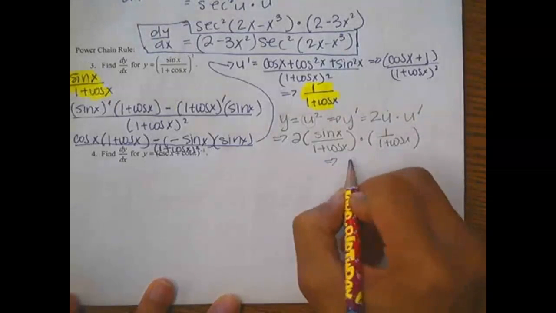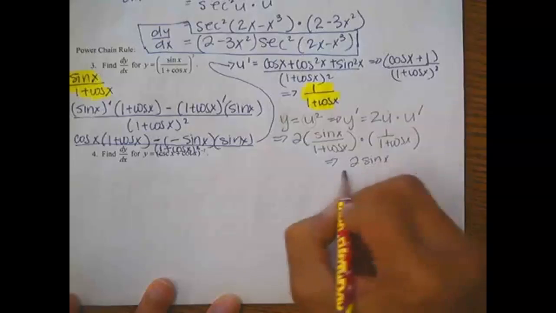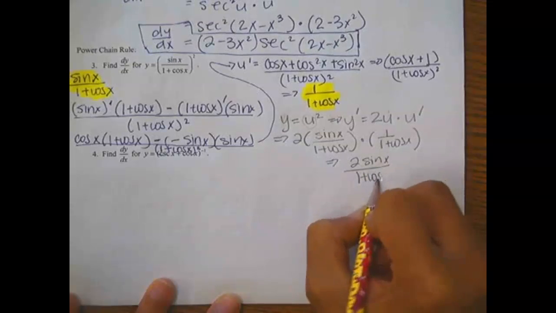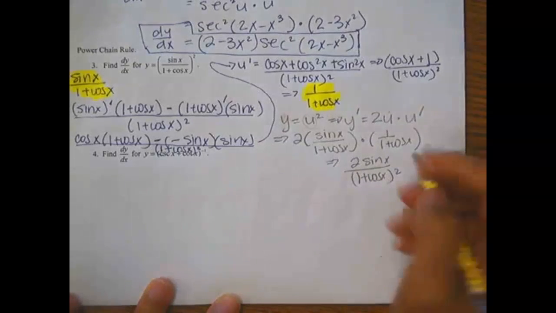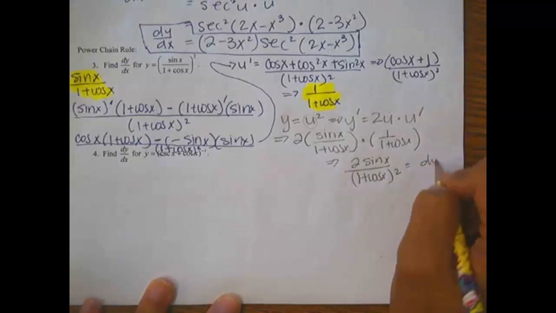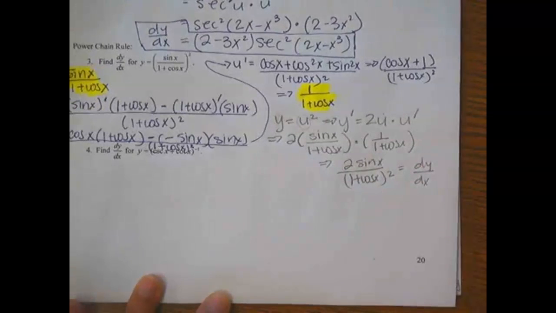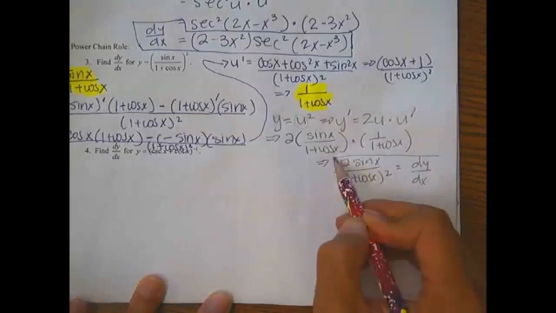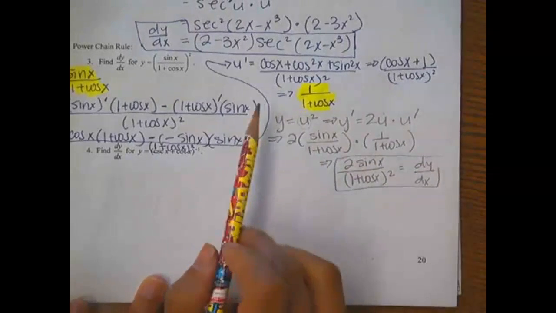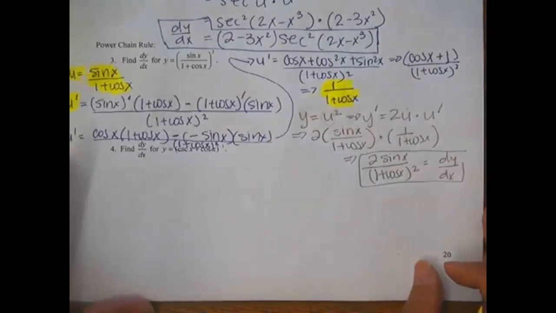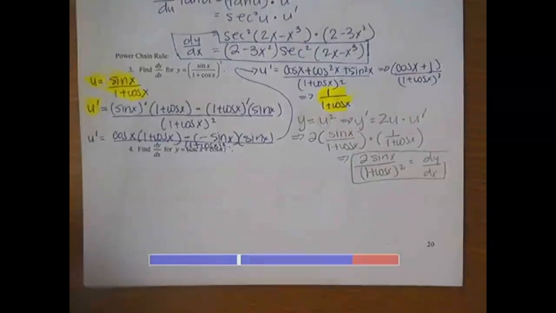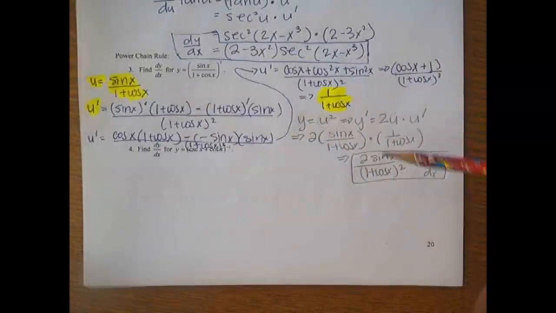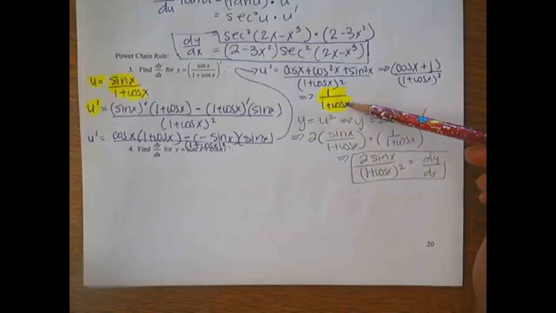So this is really 2 sine of x all over 1 plus cosine of x, and all of it is squared. So guys, this is the derivative of y with respect to x. The longer piece was really doing the derivative of the inner component. That took a lot more work; once you have this, the outer component is not as bad.